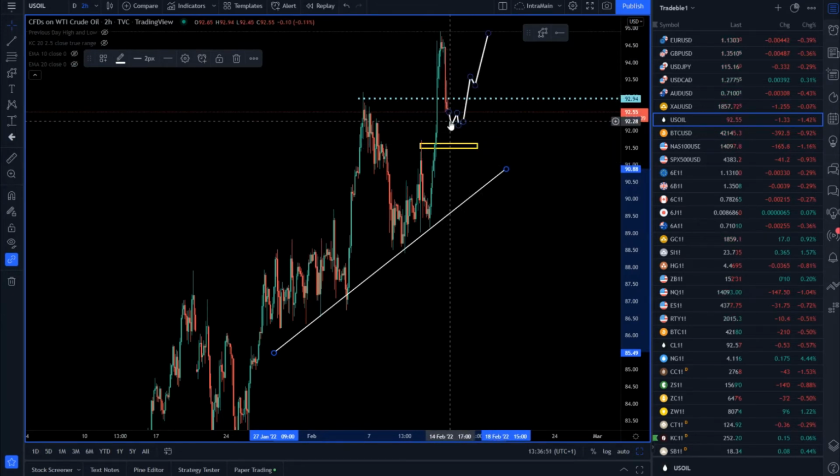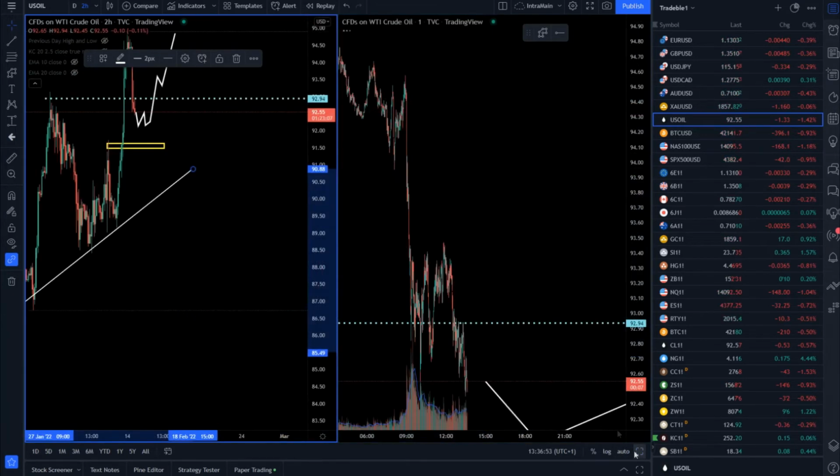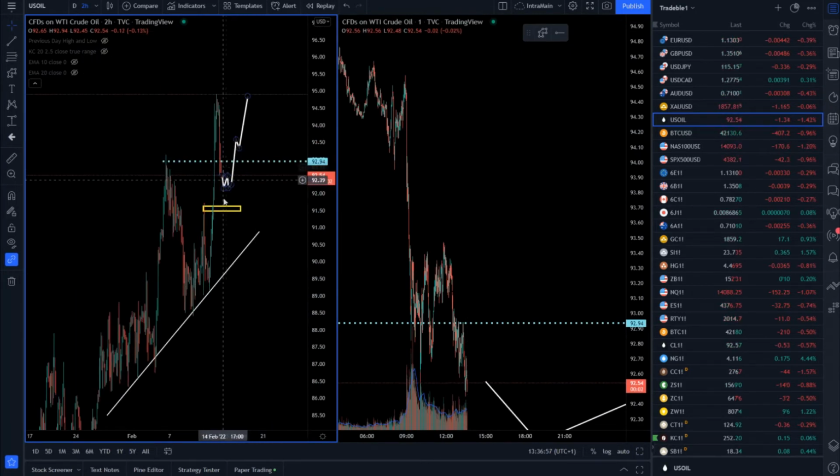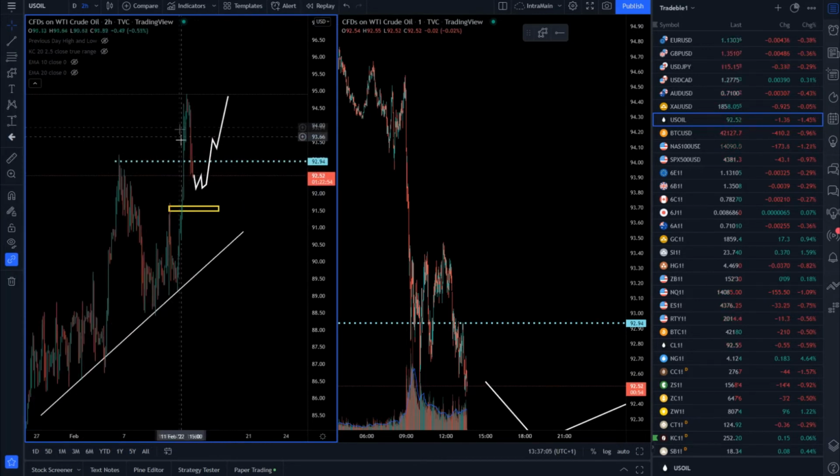This can still be just a pullback, but there is no evidence of the end of this down cycle yet. So waiting for some kind of bull divergences on the higher degrees or some kind of indication of the losing of this downside momentum for the potential upside recovery and retest of the 94.85.